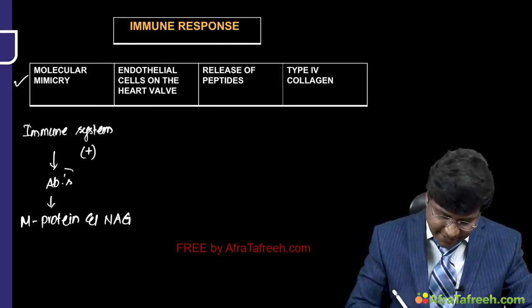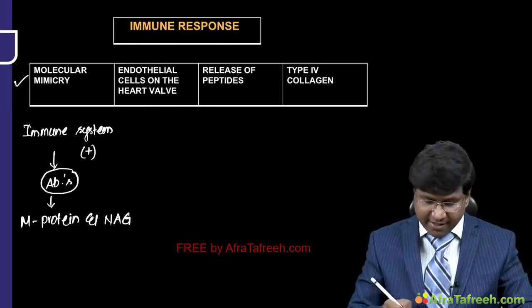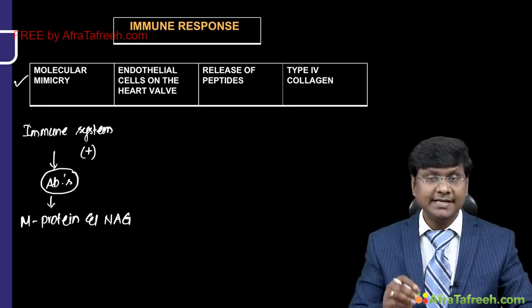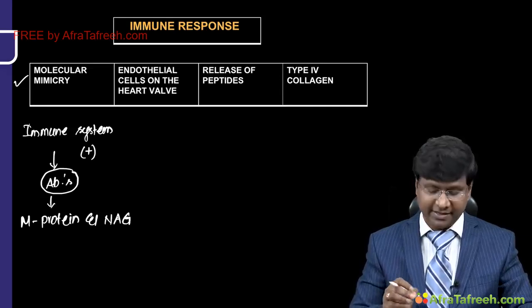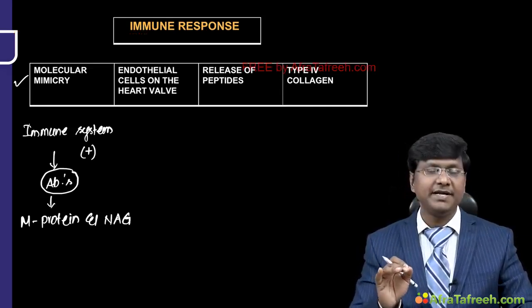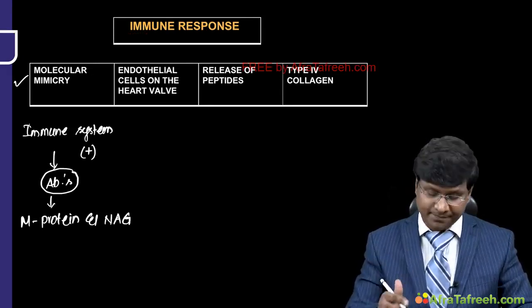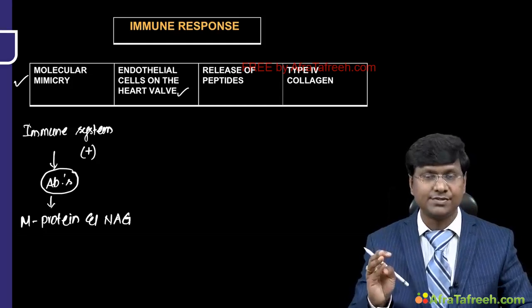Now, these antibodies produced against M protein and N-acetylglucosamine show molecular mimicry. That means the M protein and N-acetylglucosamine of your group A beta hemolytic streptococci appear molecularly similar to that of the heart valves.